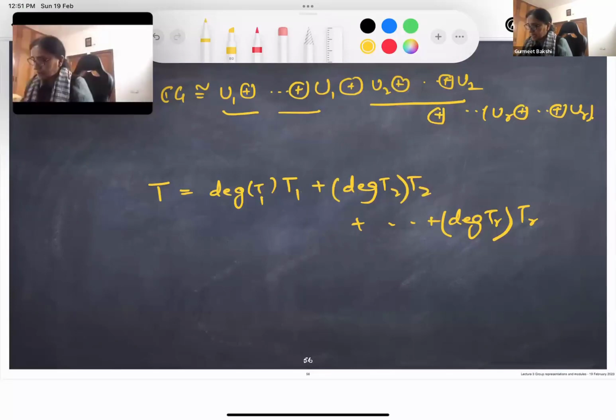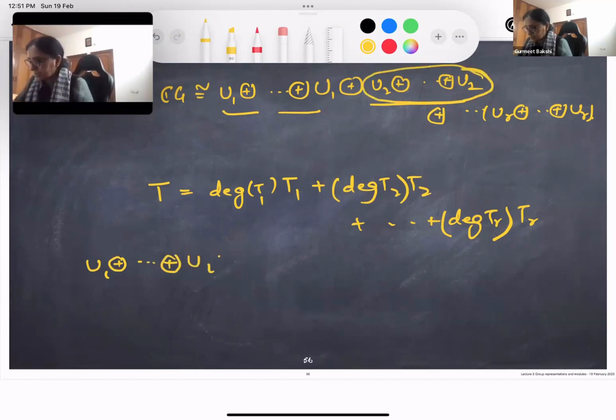Okay, so my aim was to tell you about the conjugacy classes, right? So I will first say that. All right. What you can prove, Wedderburn and Artin proved a very beautiful result, that each of these Ui direct sum with Ui's is a simple ring.